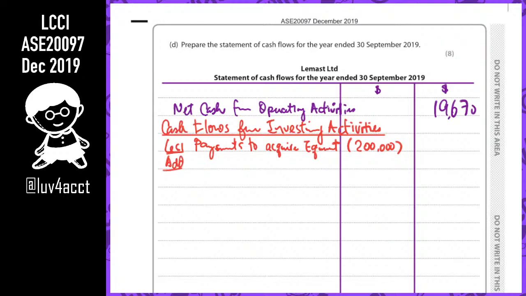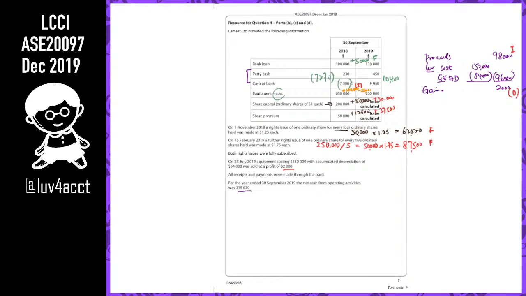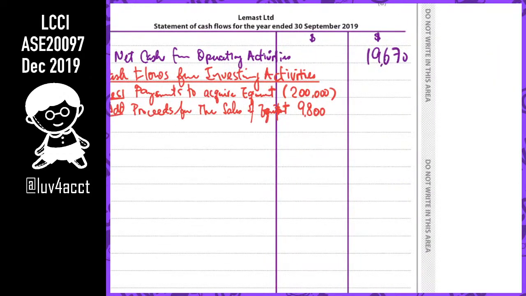And proceeds from the sale of equipment. How much? 98,000. Let us check. 98,000.